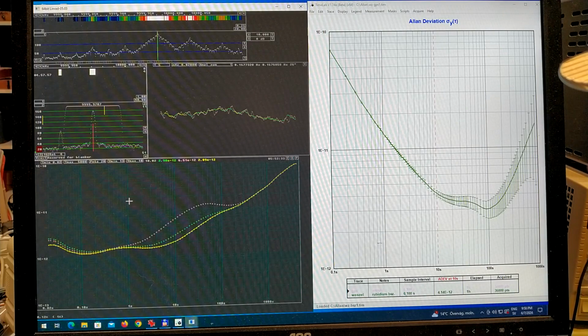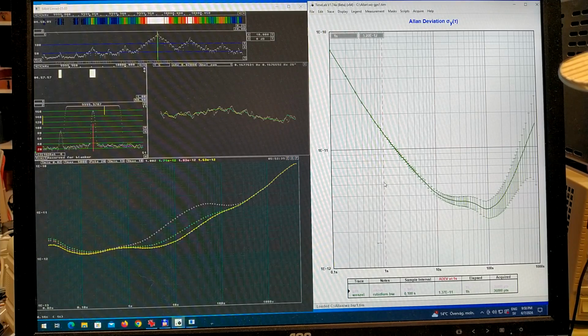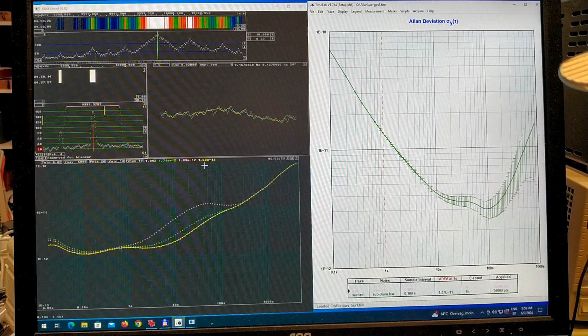If I look at 1 second, TimeLab says 1.3 times 10 to minus 11, and Linrad says 1.6 times 10 to minus 12. So there is a very big difference.